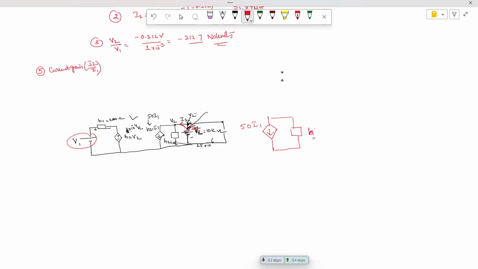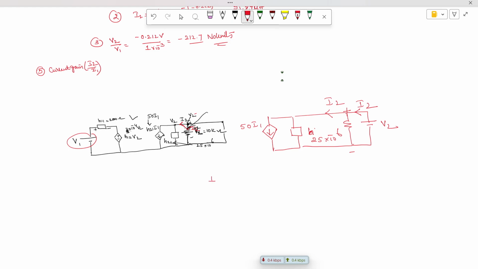H22 is 25 into 10 to the power minus 6, and this is having some load, excited with a voltage of V2, and the current flowing in this branch is I2. So the total voltage is also across the resistor, and we need to find out the total current.